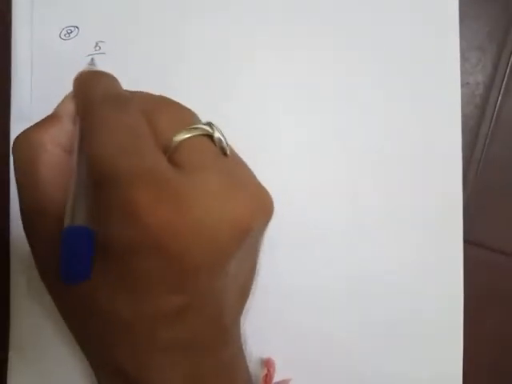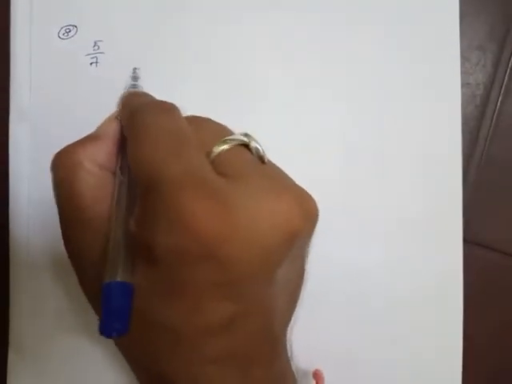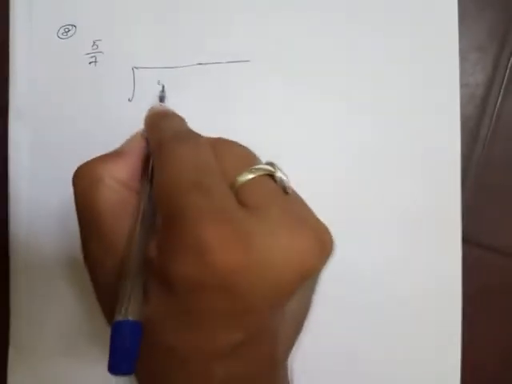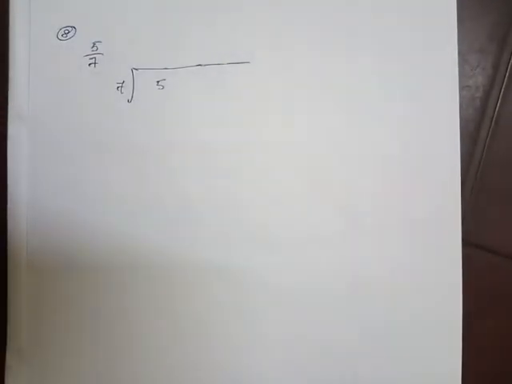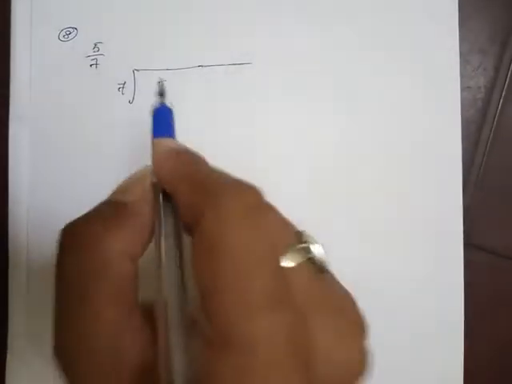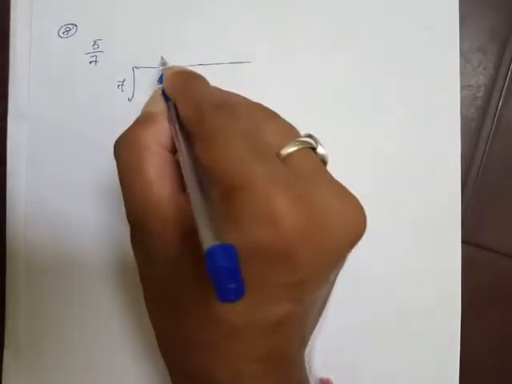Student, now let's solve this question number 8, 1.3. First one, 5 by 7. Now we'll go for the division first, 5 divided by 7. Now we know that 5 is less than 7, so 5 cannot be divided by 7, so we'll put one decimal point first.